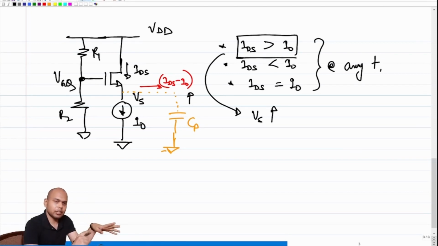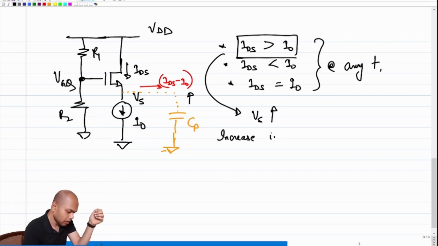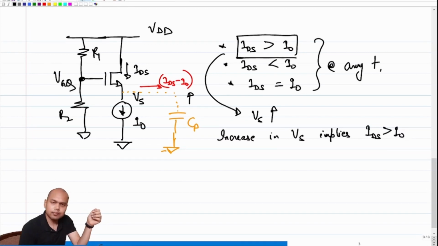If I flip the argument around, an increase in Vs implies IDS is greater than I naught.